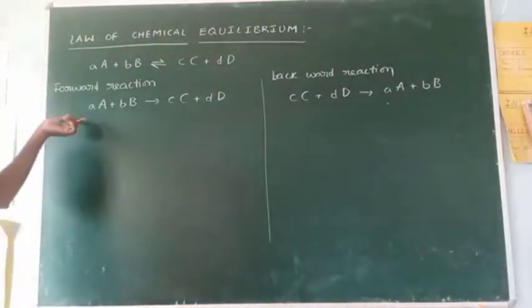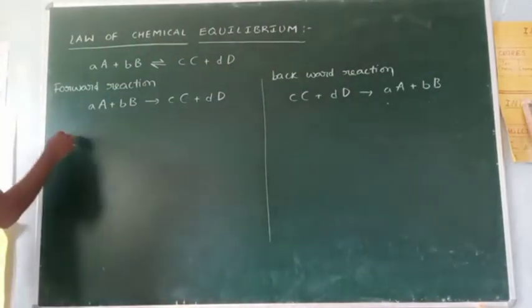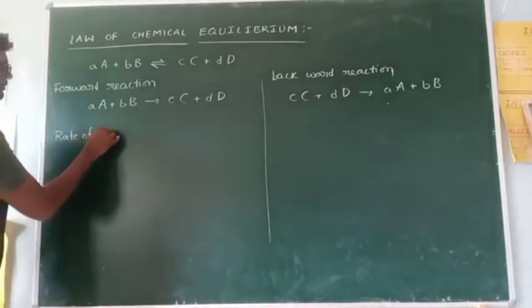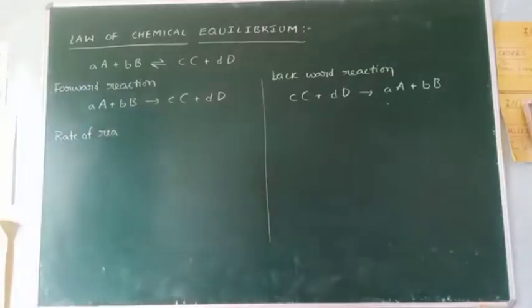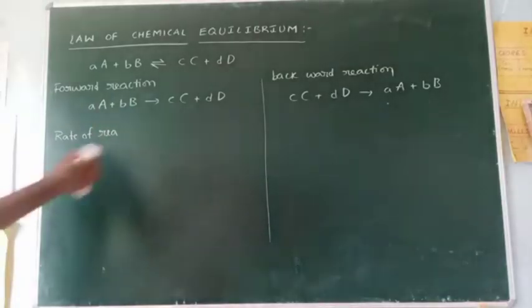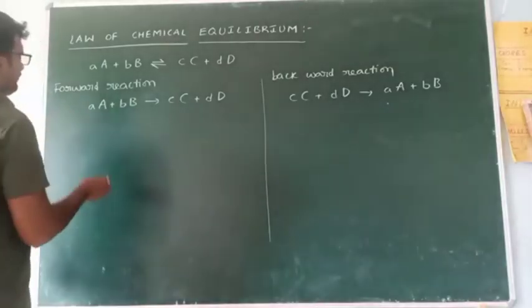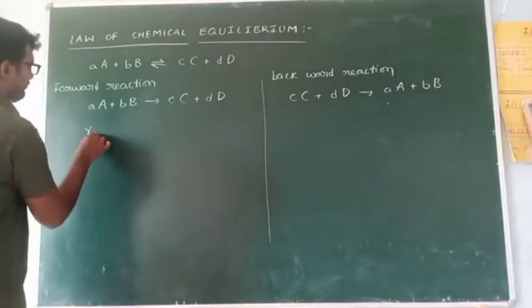Now apply the law of mass action for the forward reaction. No need to write rate of reaction every time, just write directly R for the forward reaction.